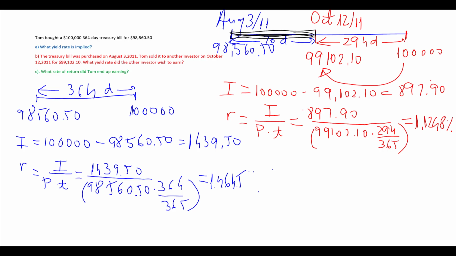He paid for this Treasury bill $98,560.50, and he received, by selling to another investor, $99,102.10. So his overall return expressed in dollars will be the difference between how much he received and how much he paid.